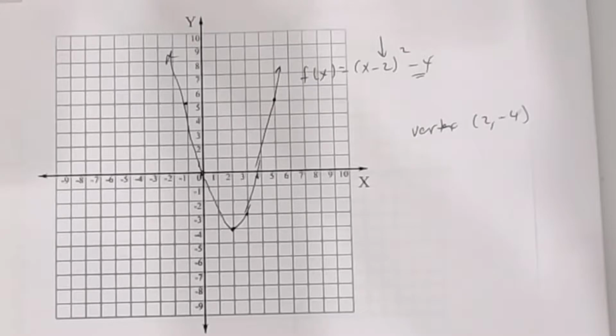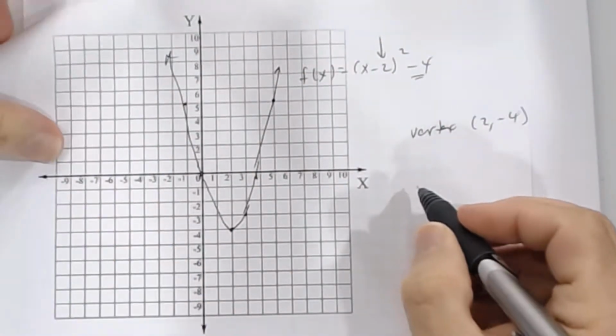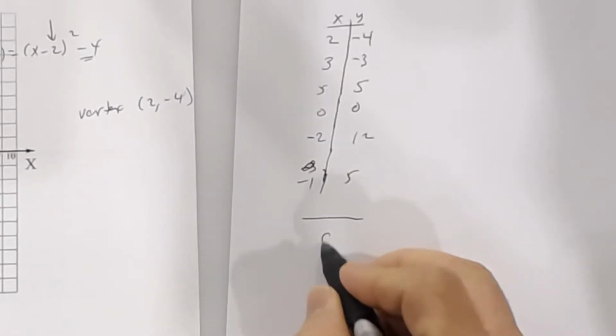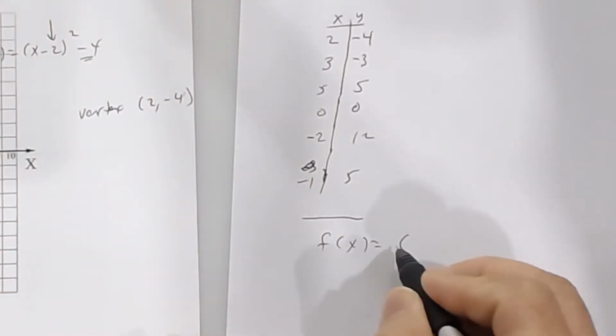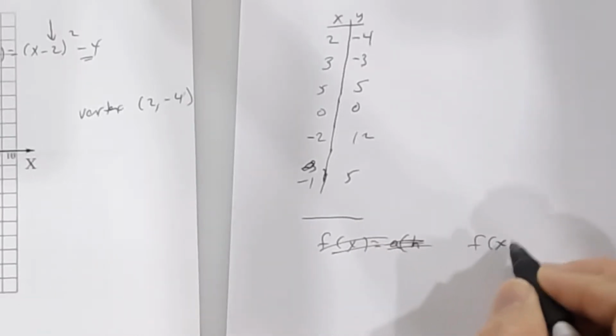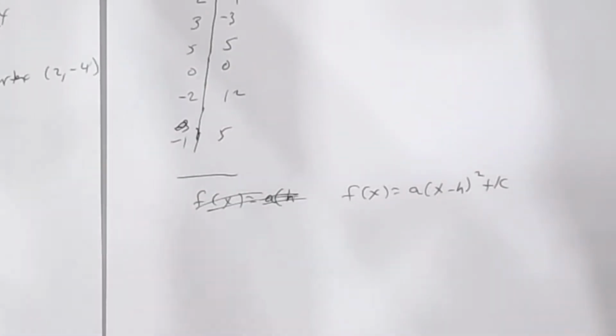We call this, the way it's written, the vertex form. Whenever it's written as f of x equals a times x minus h squared plus k, whenever the quadratic function looks like that, whenever it's in that form, we call that the vertex form.